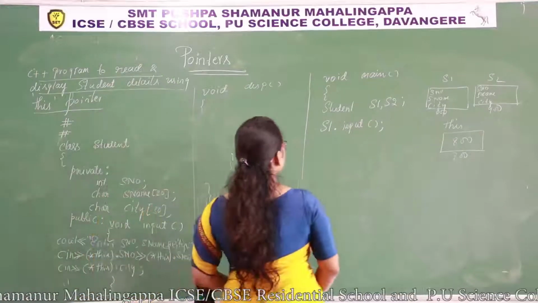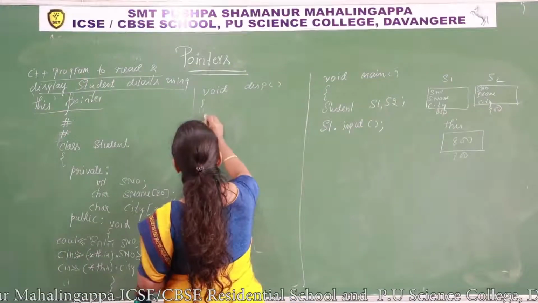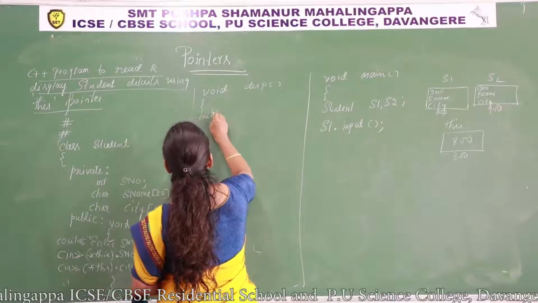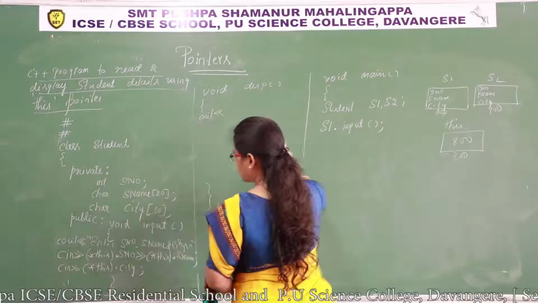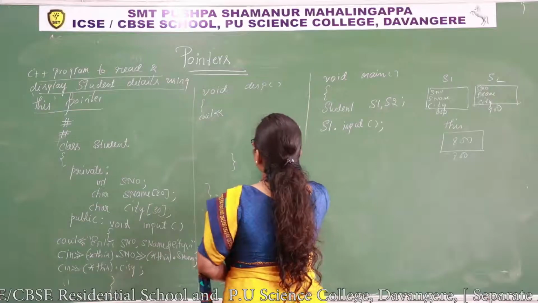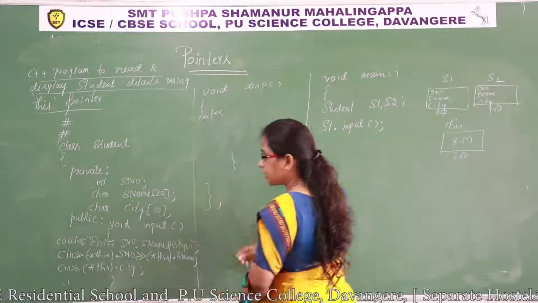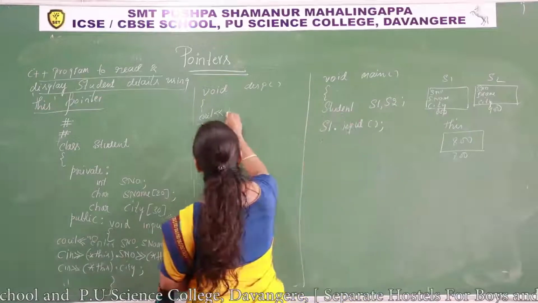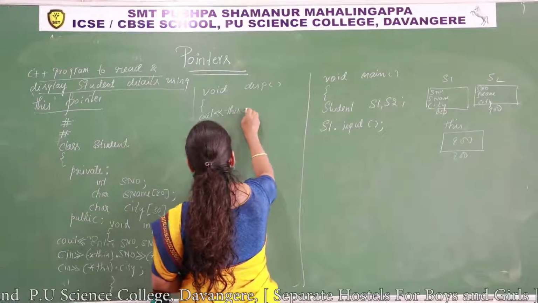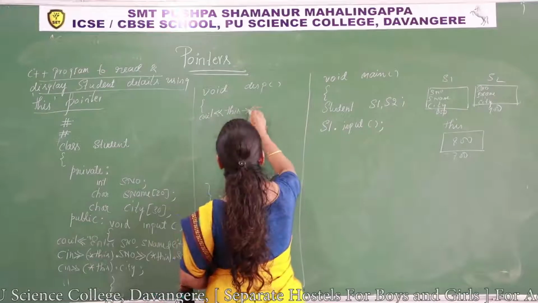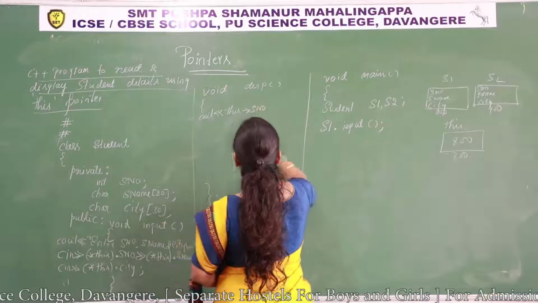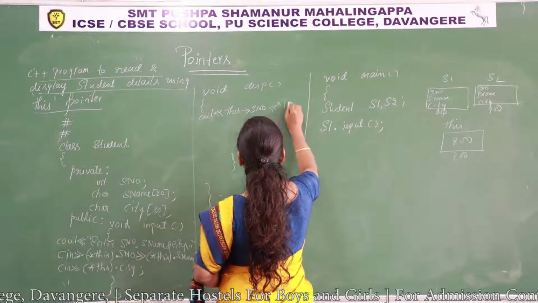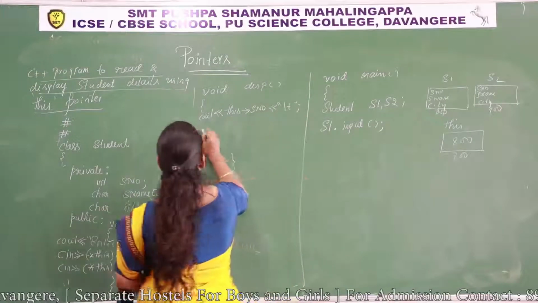Now let us display. Cout insertion. First I want to display the student number. Instead of using star and dot operator, I can use the arrow operator. So this arrow SNO, okay, then \t. I will display in a tabular format.